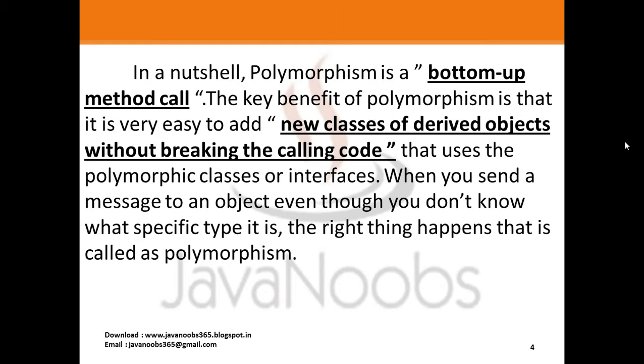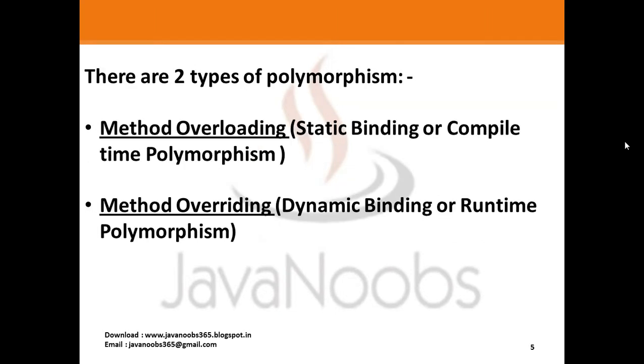So this is known as polymorphism, and in polymorphism there are two types, and they are method overloading and method overriding. Method overloading is also called static binding, or compile time polymorphism.